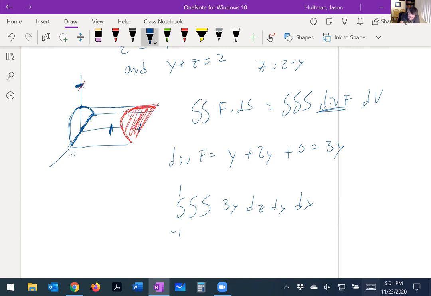From my diagram, -1 to 1. That's why I spent so much time on this diagram, so that I could really analyze what this three-dimensional region is, what this volume, this solid, is.